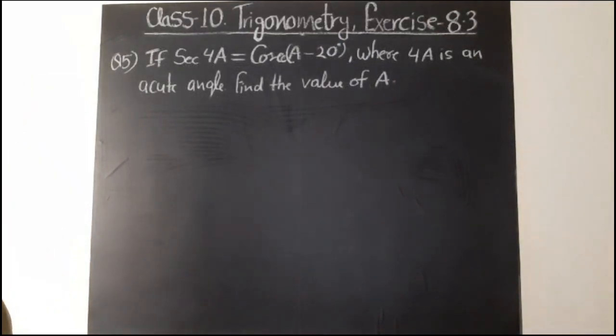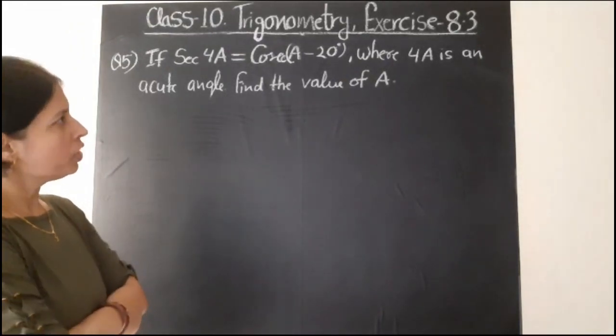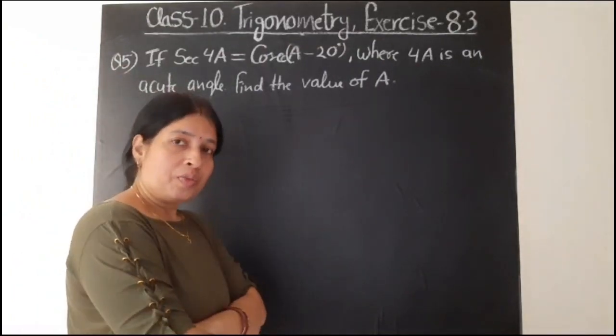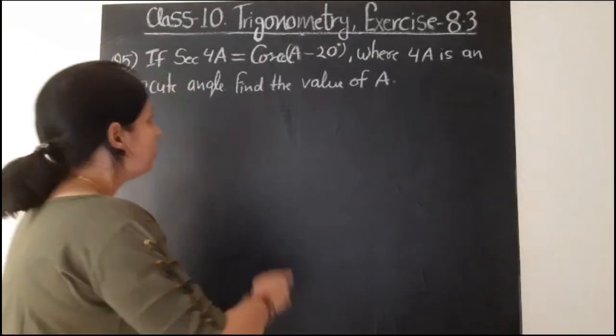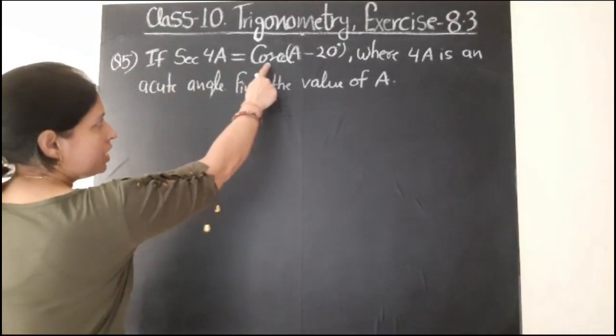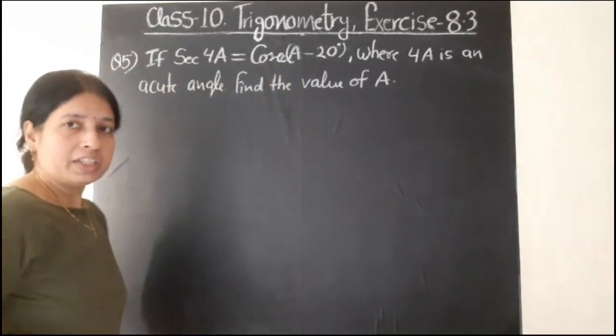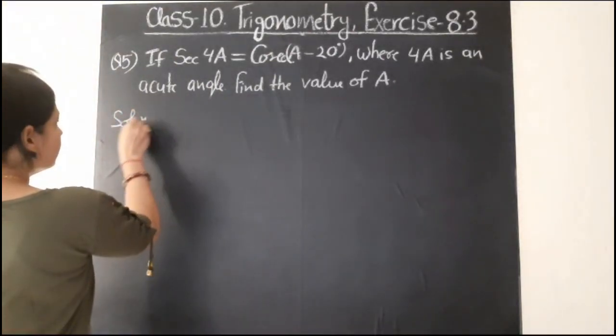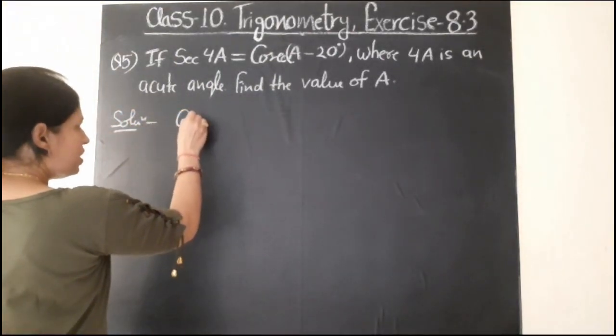It is, if sec 4A is equal to cosec A minus 20 degrees, where 4A is an acute angle, find the value of A. So first thing, what is given? Given that sec 4A is equal to cosec A minus 20 degrees. First write what is given.